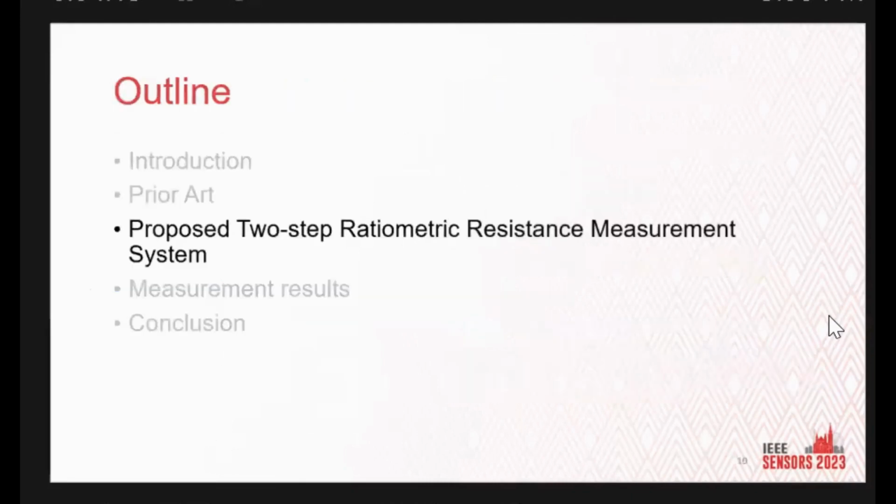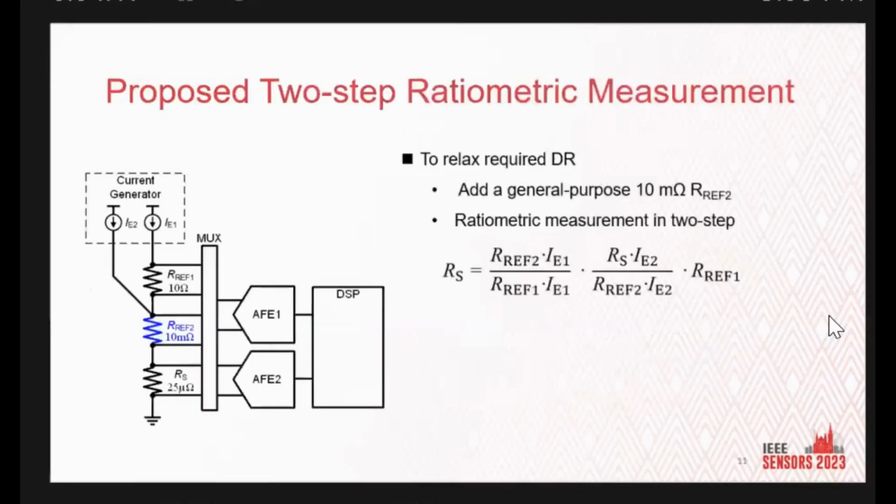Next, let me explain the concept of the proposed system. To relax the required dynamic range of the FE, we add a general purpose 10 milliohm reference resistor 2 between reference resistor 1 and the shunt resistor, and we measure the shunt resistor in two steps. In step 1, the resistance ratio of reference resistors 1 and 2 is obtained.